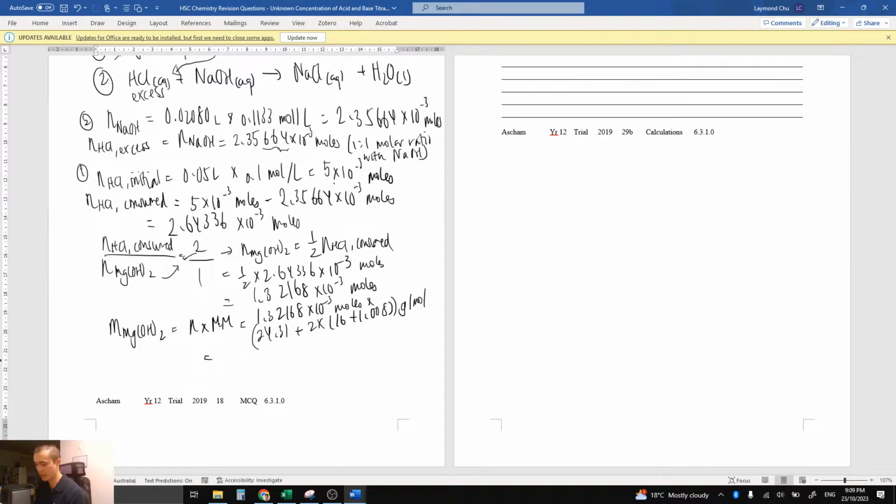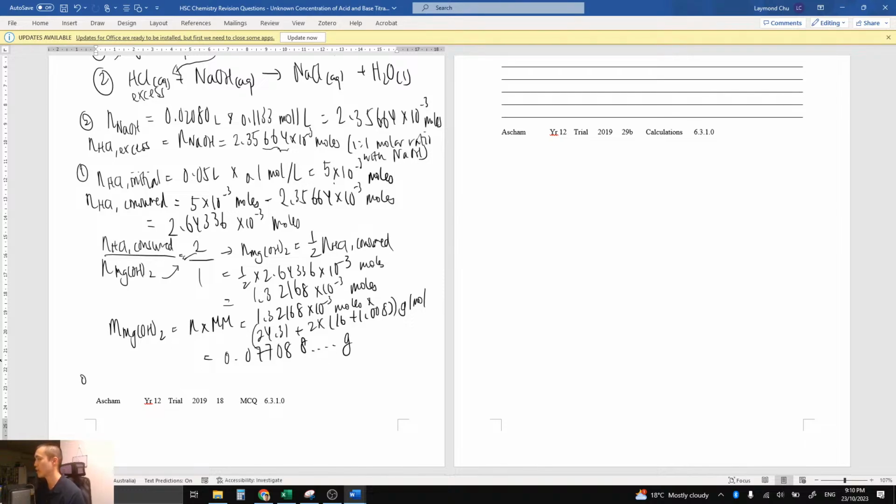Okay, so I'm popping these into the calculator. We get 0.077088 moles. Oh, sorry, not moles. It's grams.